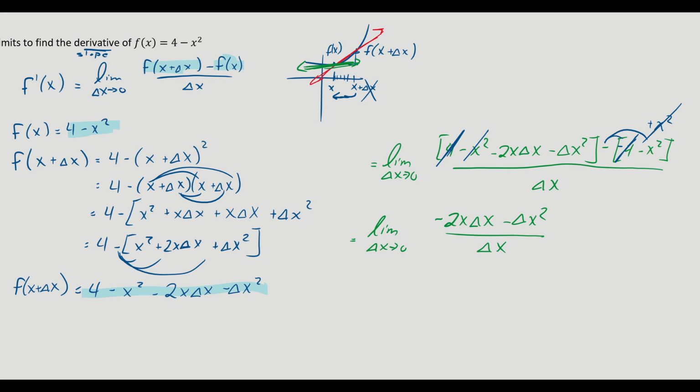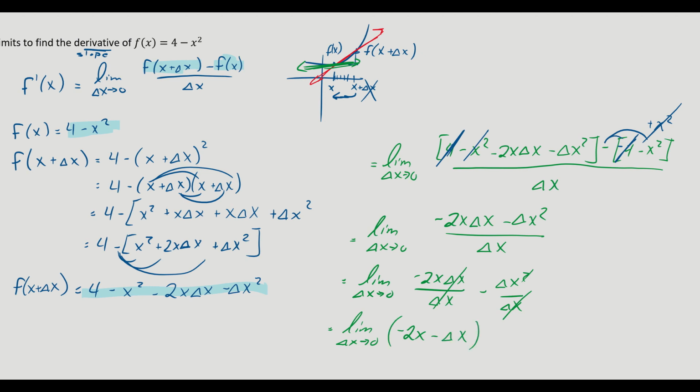And so that happened to us because now we split this apart. That change of x divides both of them. So I have 2x change of x divided by change of x minus change of x squared over change of x. And you can notice that we get some reducing, which is awesome. Cancel one of those. So I have negative 2x minus change of x.